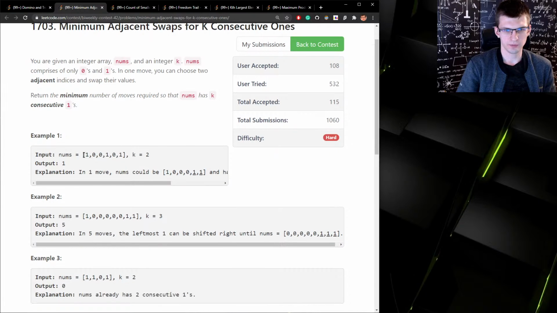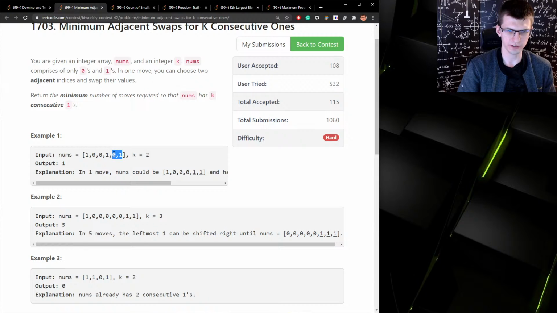Right. You're given a binary string with zeros and ones. You need to get k adjacent ones, like k consecutive ones. Here, if we have 1, 0, 0, 1, 0, 1, and k is 2, I need to bring two ones together. In one move, I can swap two adjacent values.